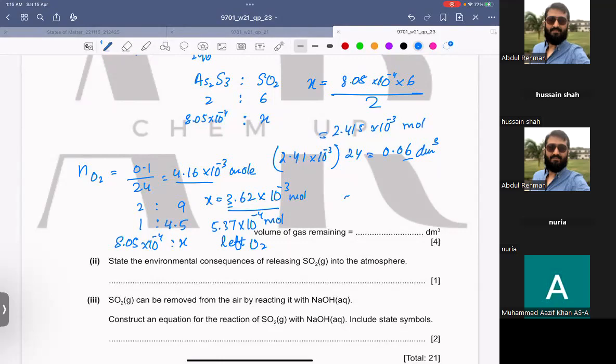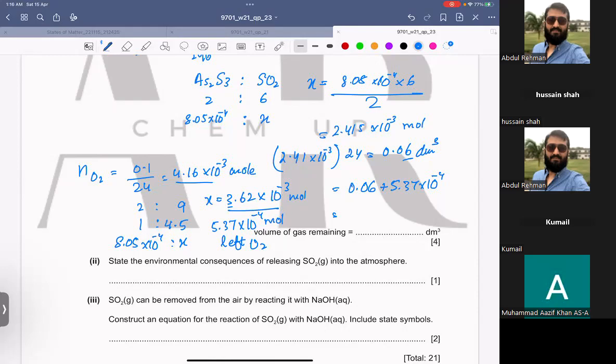So 0.06 plus 5.37 exponent minus 4. Can anybody tell me the answer? Sir, 0.070.